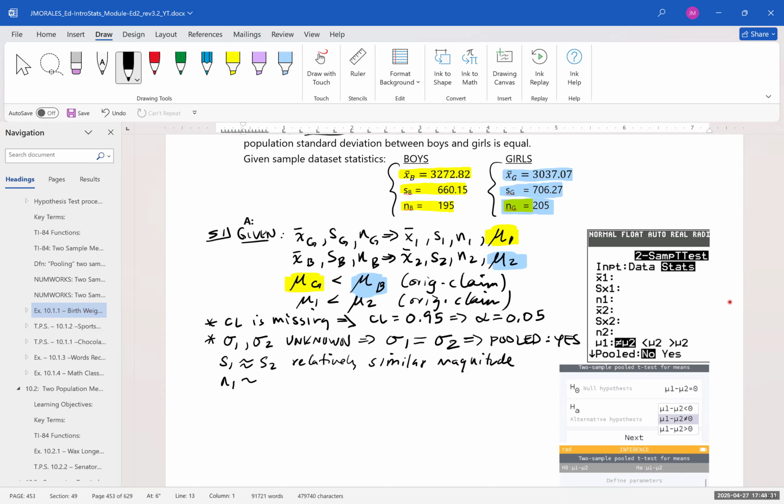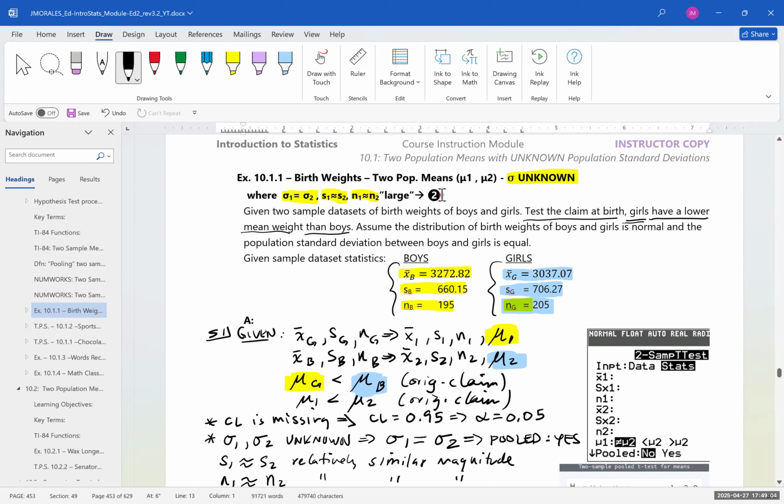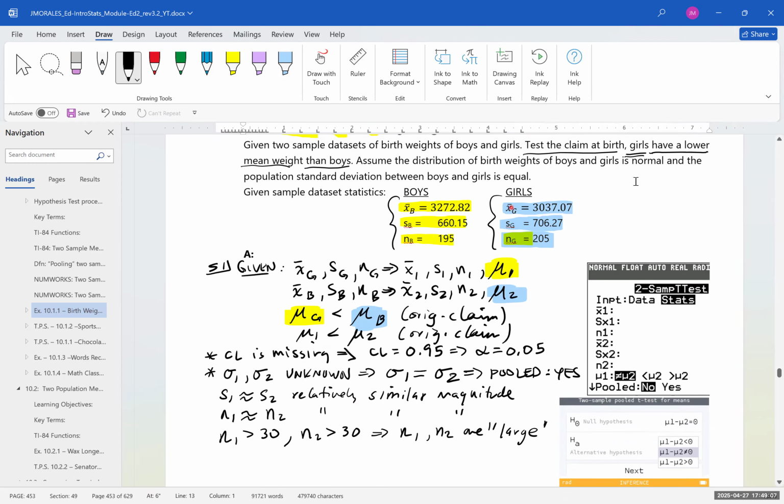Our sample sizes from the two samples, these also have a relatively similar magnitude. The sample size for girls is greater than 30. The sample size for boys is greater than 30. So what that means is these sample sizes are considered large. Okay, so this is a lot of information that we've got here.